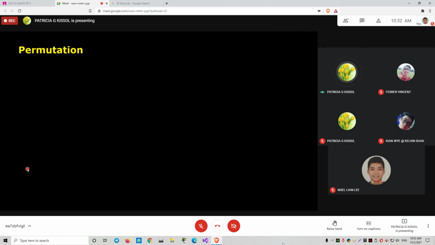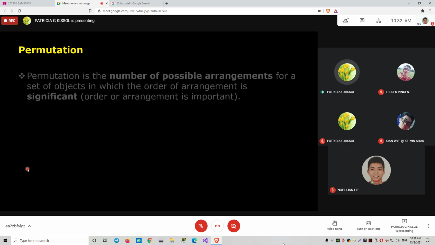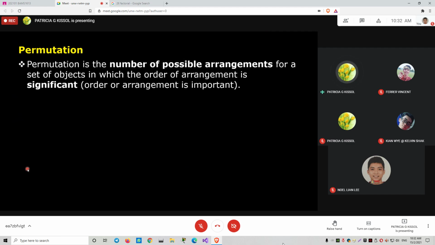So this comes to the second part here, which is called permutation, again concerning arrangement. We want to consider how many ways we can arrange a set of objects such that the arrangement is significant, meaning the order of the arrangement is important. That means the position is important.